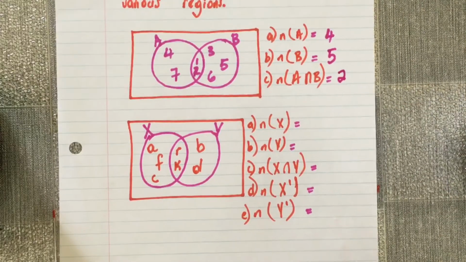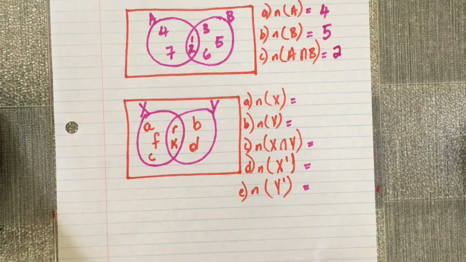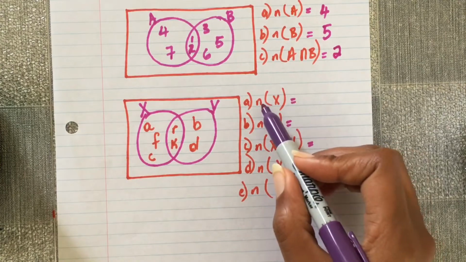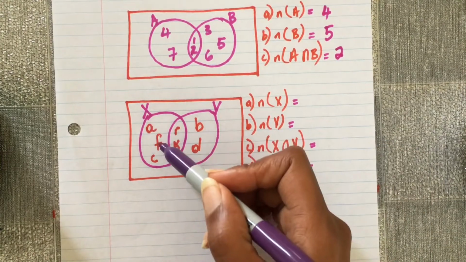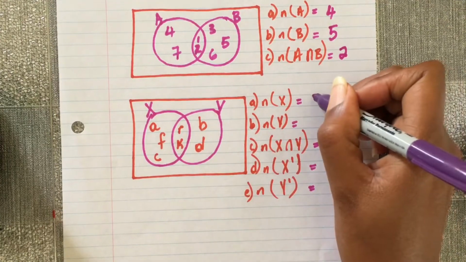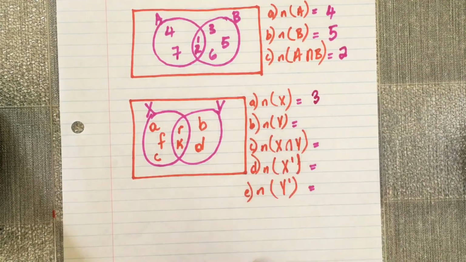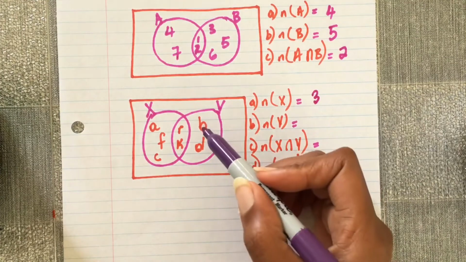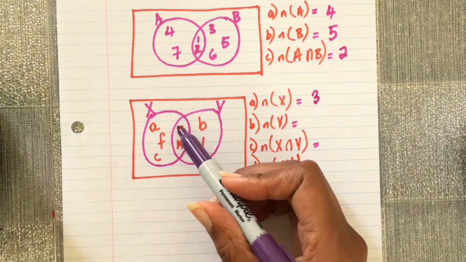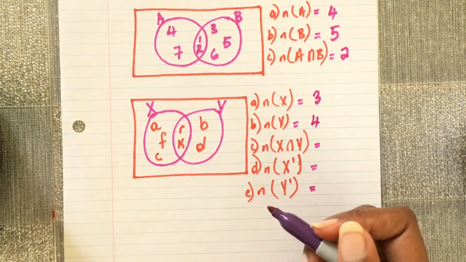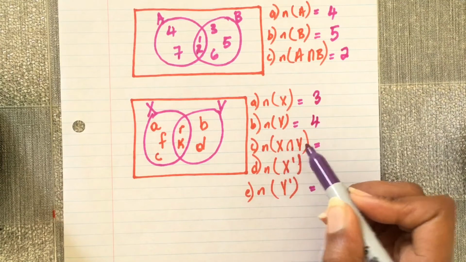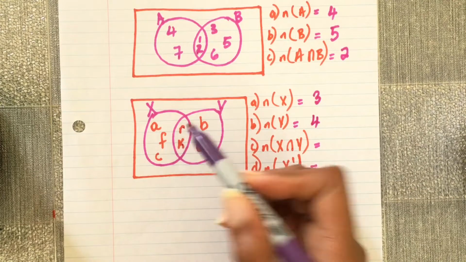So moving right along, the next one is asking us for A, the number of elements in X. So we can count 1, 2, 3. The number of elements in set Y, we have 1, 2, 3, 4. And now we have the number of elements in X intersect Y, which would have been 1, 2.